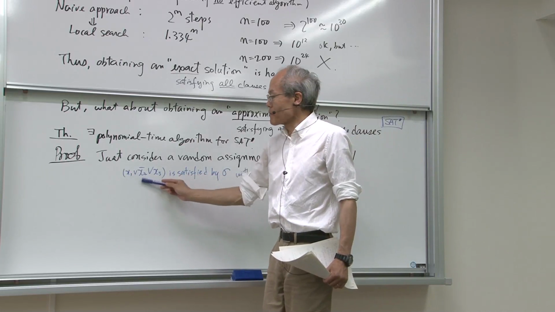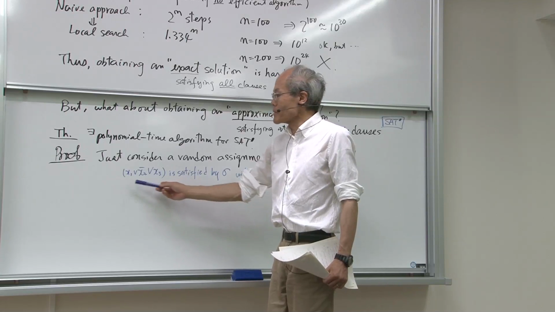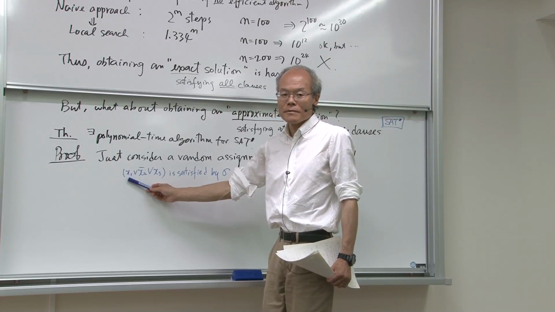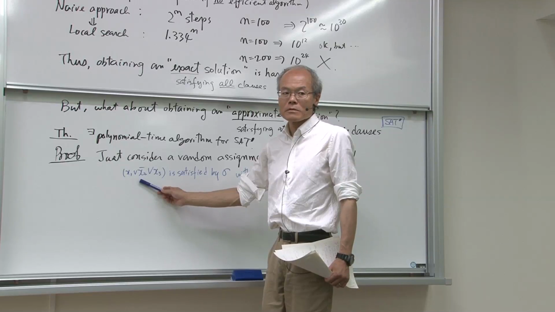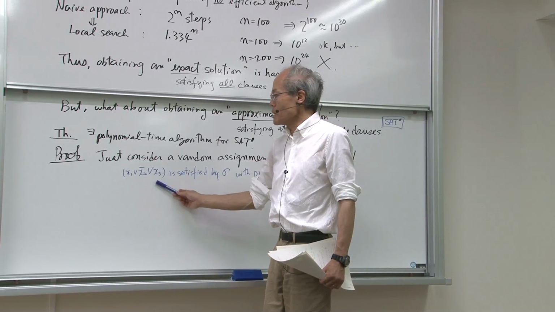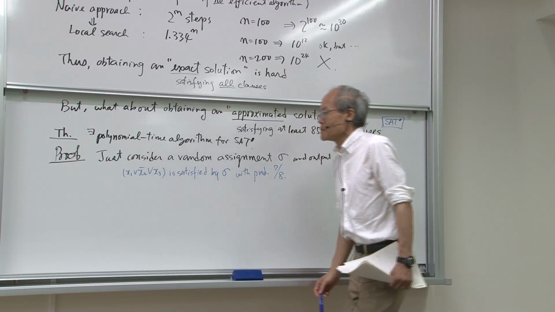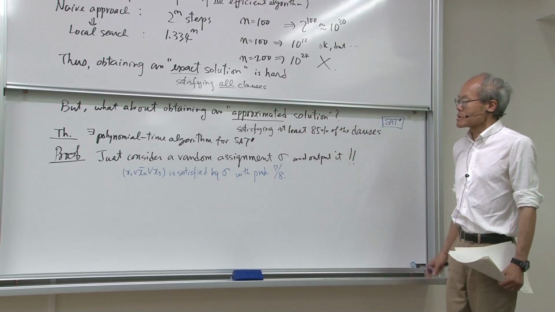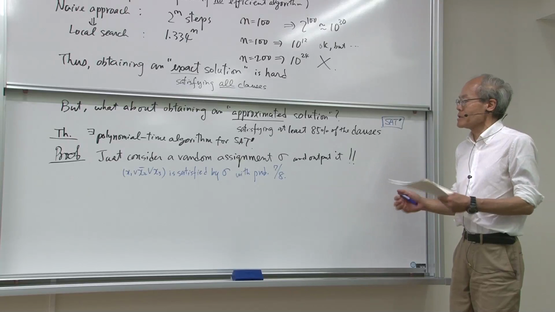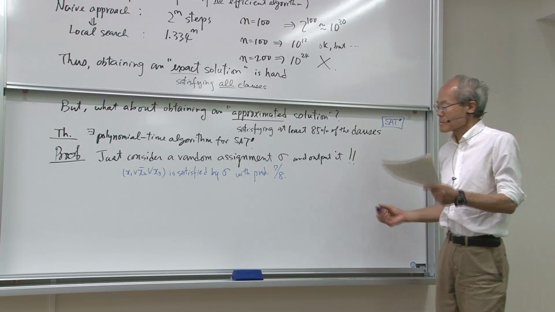Okay? But this guy becomes false with probability 1/2. This guy becomes false with probability 1/2, and this one 1/2. Okay. So the first clause is satisfied by sigma with probability 7/8.